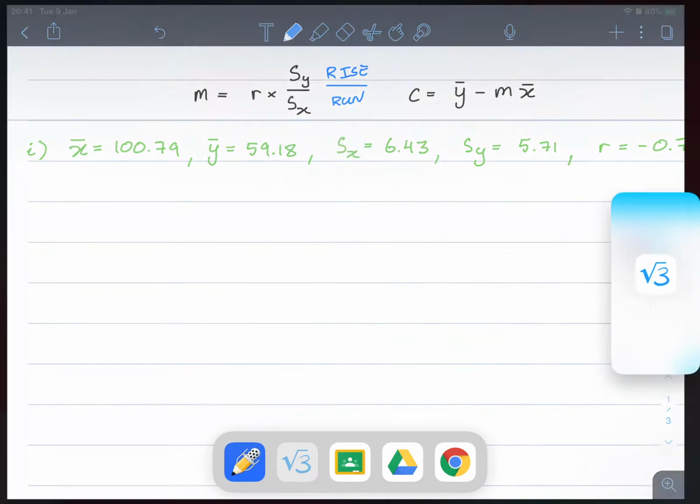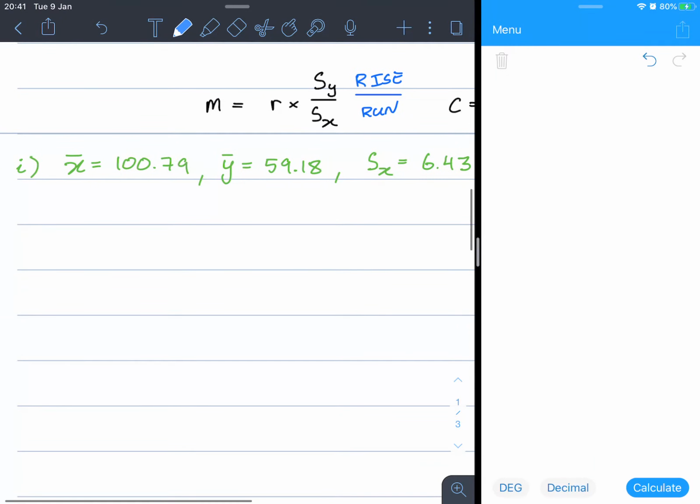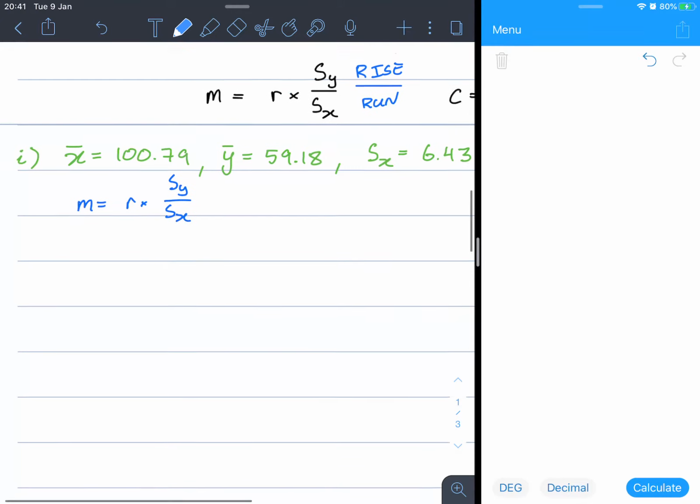Let's grab our calculators. m is equal to r times s of y over s of x.